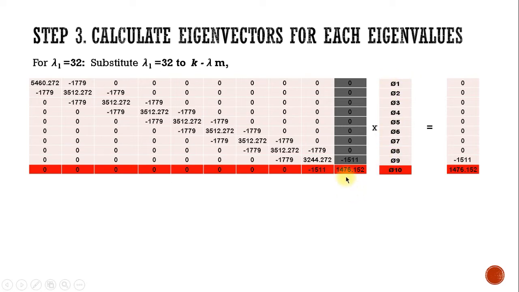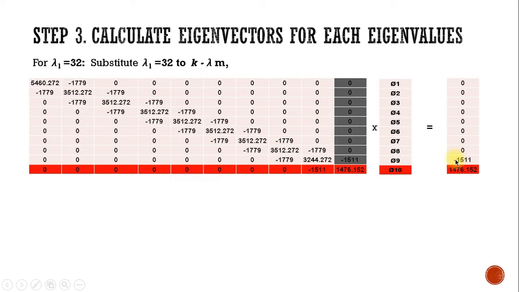Since walang magiging solution kapag wala isa sa value ng eigenvector natin ang may value, we're going to assume that the value of this eigenvector for mode 10 or for 10th floor is equals to 1.